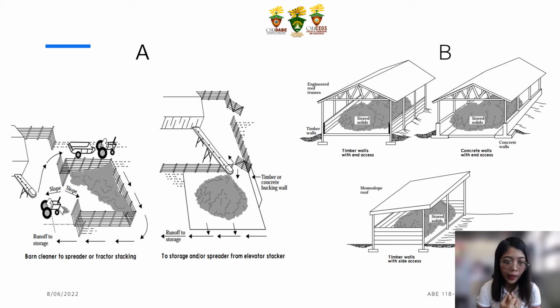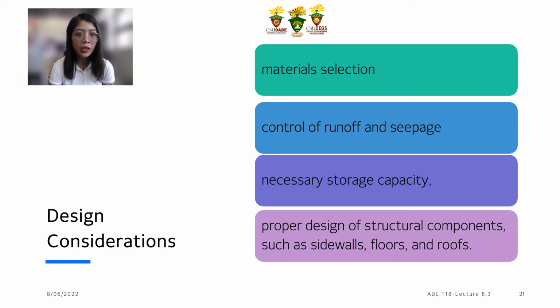So this one, A, is the solid manure stacking facility, and then this one, B, is the roofed solid manure storage. So solid waste storage ponds and structures must be designed correctly to ensure desired performance and safety.